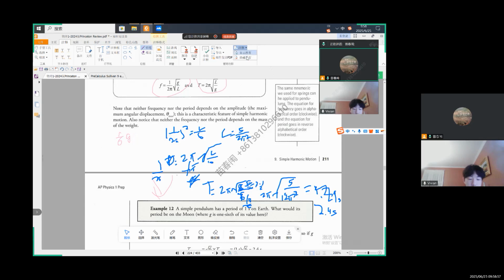Which means if we observe what we see on the Earth, and the same one we see on the Moon, this takes 1 second to do one period. It goes from here to here and all the way here. And on the Moon, we see 2.45.